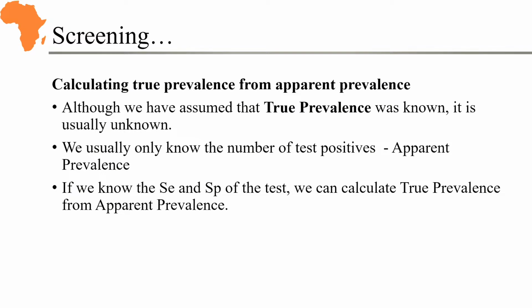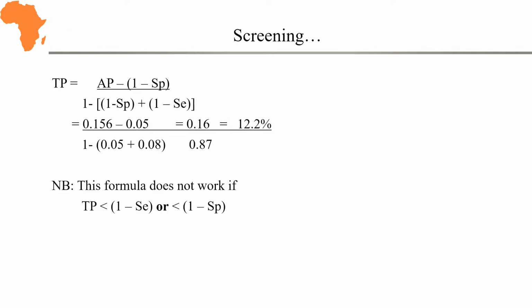We can calculate the true prevalence from the apparent prevalence using, hold your breath, a long formula. We'll work on it later. It's the apparent prevalence minus, what is apparent prevalence? Probability of test positive, right?